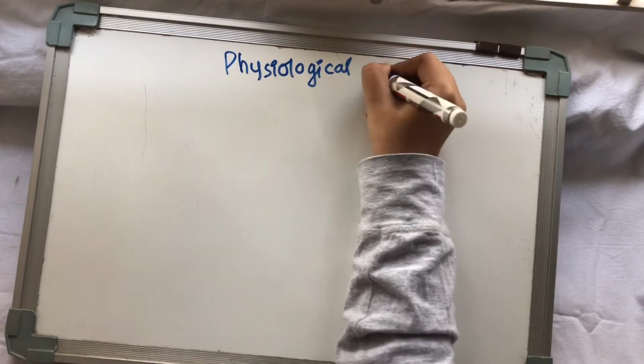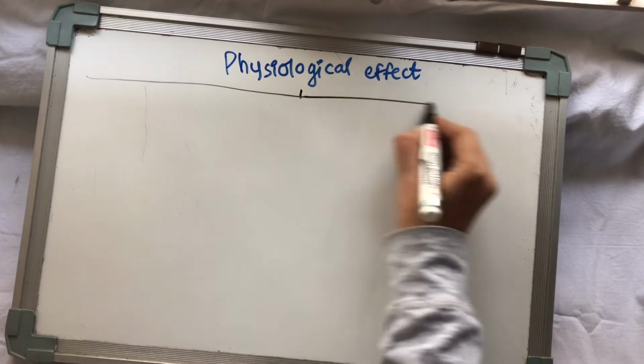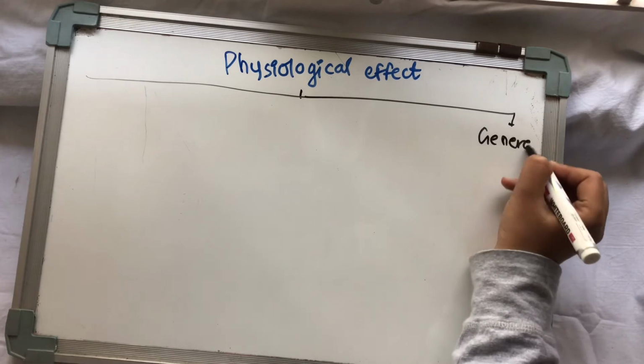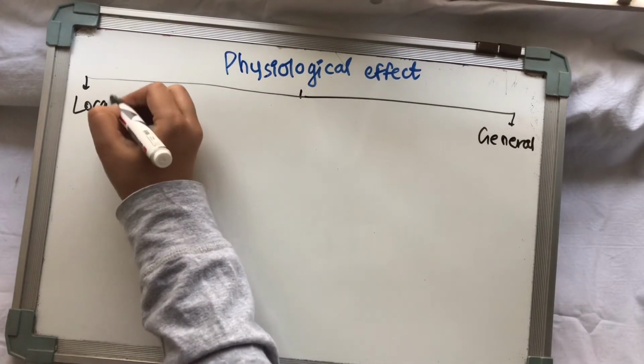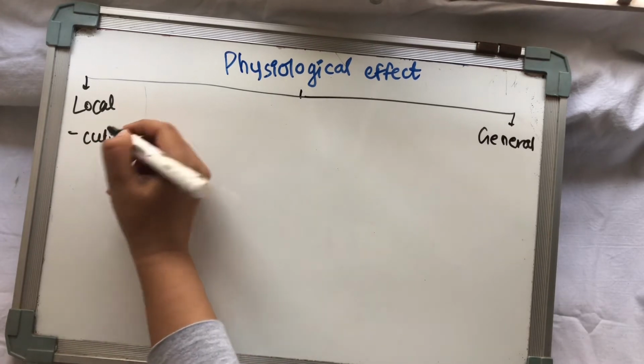Now let's move on to the physiological effects of cryotherapy. It is divided into two types. One is local, that is, to the area where cold is applied, and the second is general, that is, to the whole body.